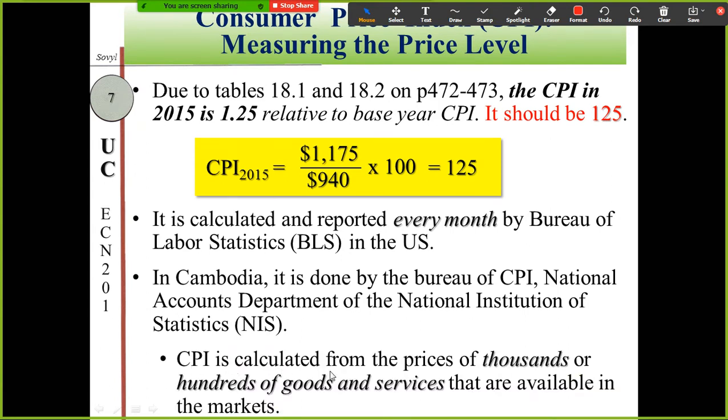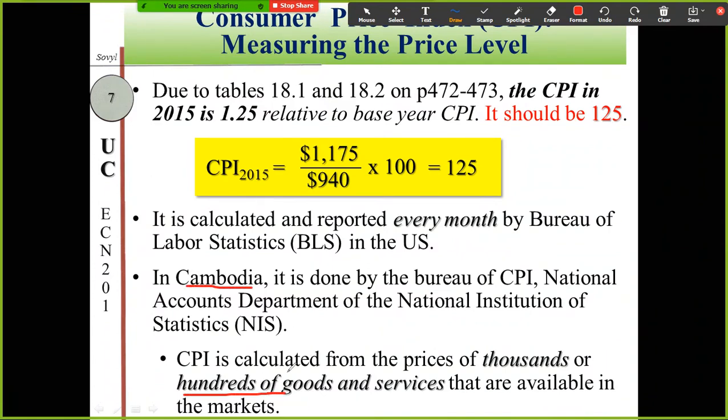CPI is calculated from the prices of hundreds or thousands of goods and services in the basket that are available in the marketplace for each country, each economy, and that are most important for people in those countries. In Cambodia we don't have up to 1,000; we have hundreds.